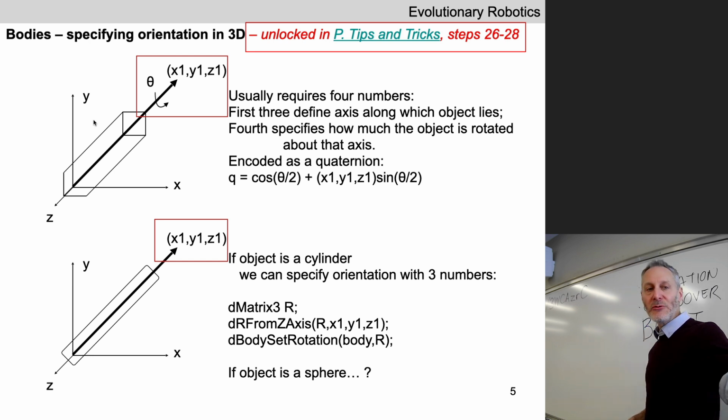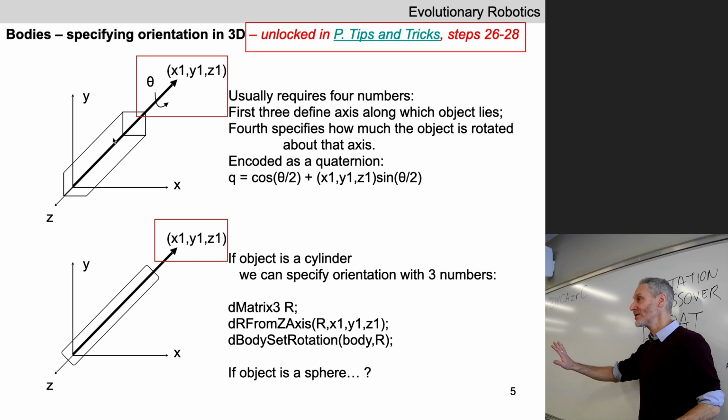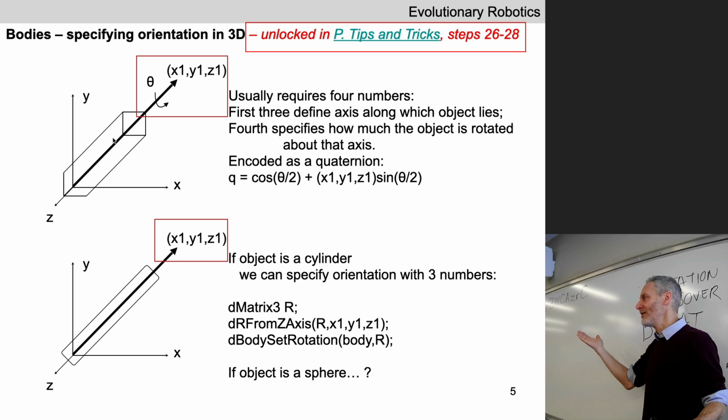The axis is arbitrary, right? So I define the length, width, and height of this object, which I haven't done yet in code, but when I do, I define it. One of those 3 numbers is bigger than the other, unless it's a cube, in which case, again, it doesn't matter. The physics engine is going to take the longest of those 3 numbers and lie the object along that vector, and then rotate it.